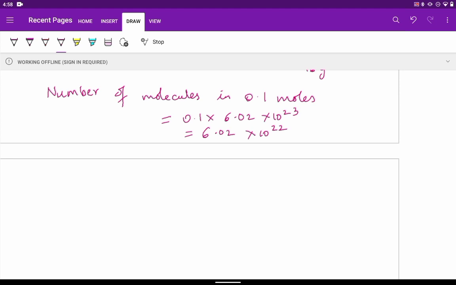Now we have to calculate the number of electrons. In one molecule of methane, there are how many? For carbon, 6 electrons. For one hydrogen, 1 electron. So for 4, it is 4.